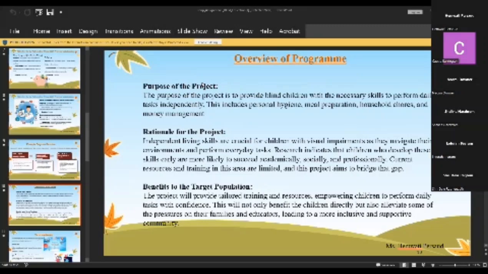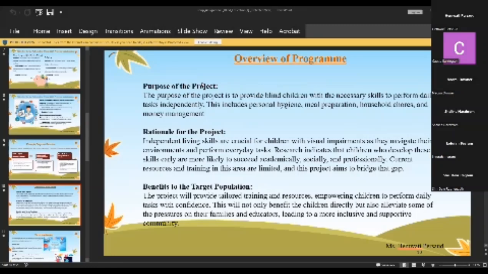Overview of the program. The purpose of the project is to provide blind children with the necessary skills to perform daily tasks independently. This includes personal hygiene, meal preparation, household chores, and money management. The rationale for the project.